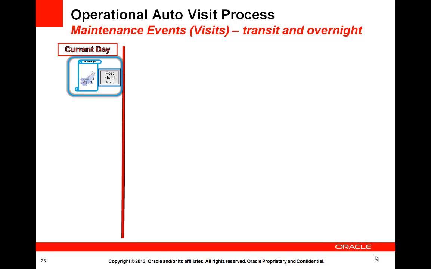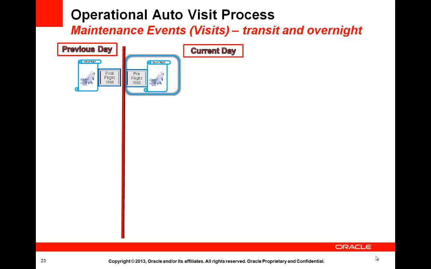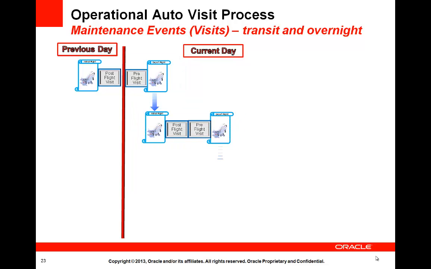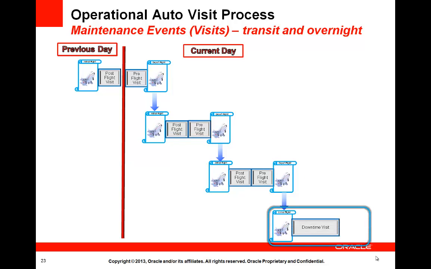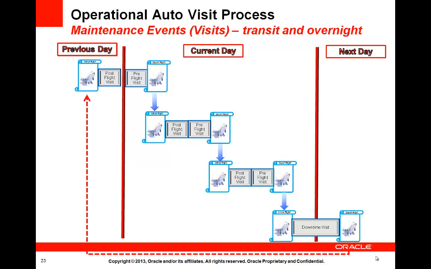A customer may also choose to do more detailed planning, such as transit and overnight checks. In this case, they would set up the creation parameters to create post-flight and pre-flight visits during the flight schedule, and during some predetermined operational parameter rows, they may create a downtime visit for longer downtimes, and the process would continue to repeat itself.